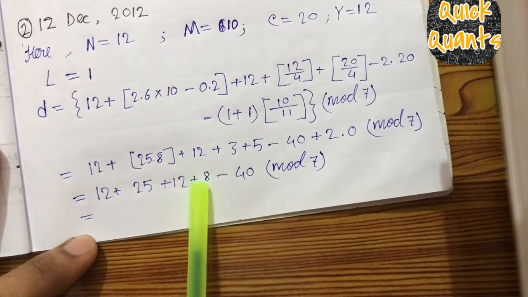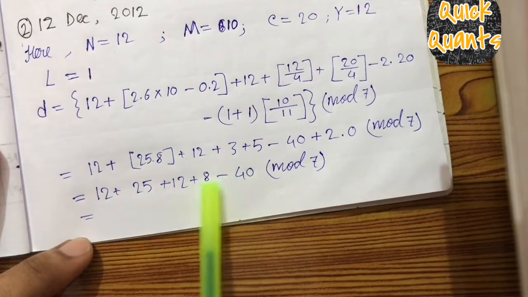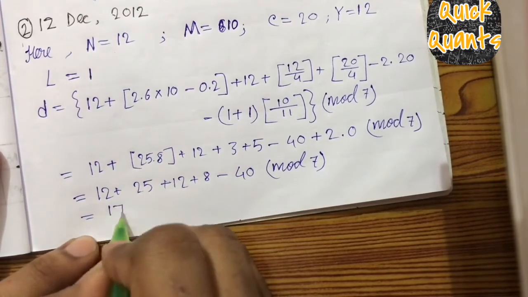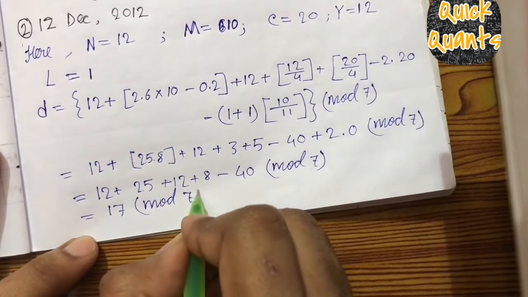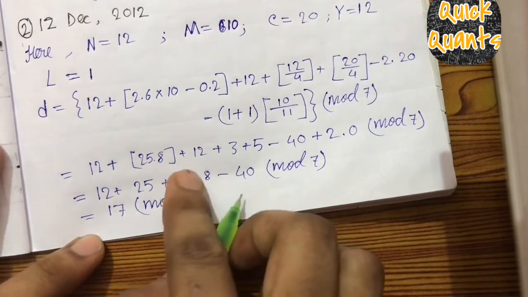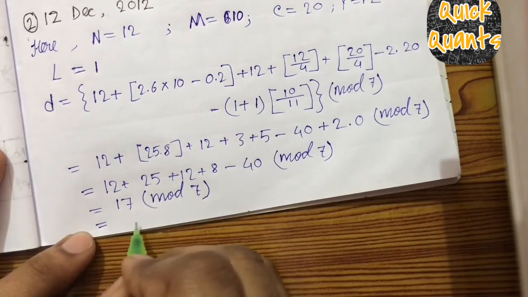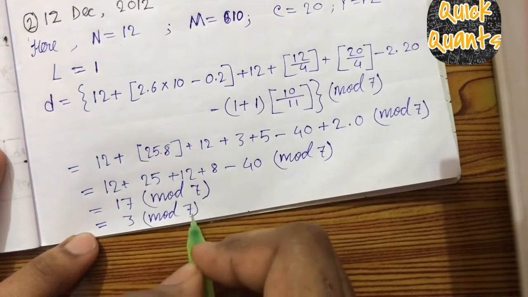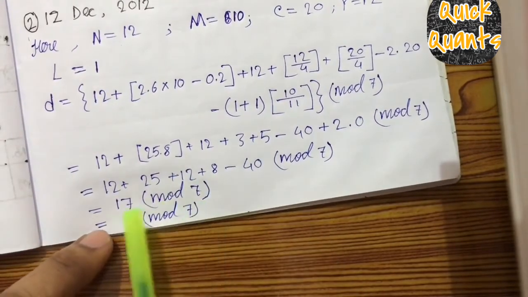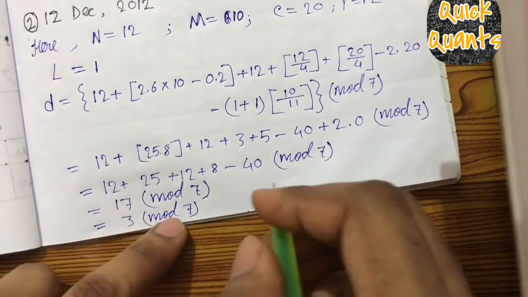So 45 minus 40, it's 17 mod 7. And you can write 17 mod 7 as 3 mod 7, because 7 multiplied by 2 is equal to 14, and 17 minus 14 is 3, so it would be 3 mod 7.